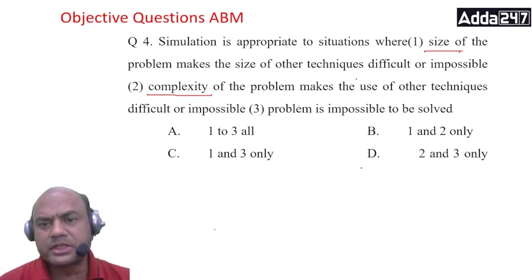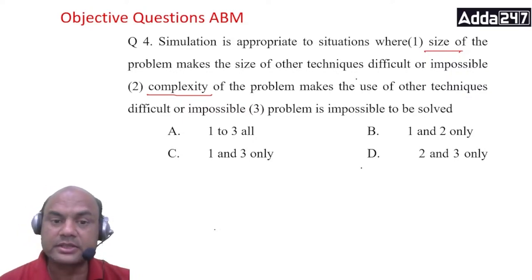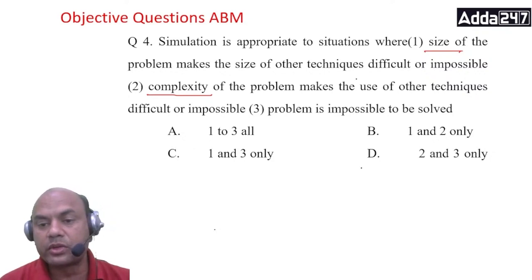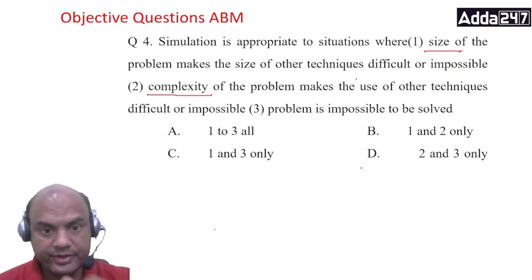Is there any problem which is impossible to be solved? Now you answer. Is the answer A, 1 to 3 all? B, 1 and 2 only? C, 1 and 3 only? And D, 2 and 3 only? So what can be the answer for this? Everyone?